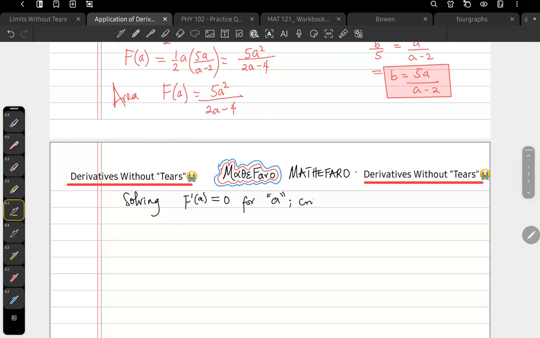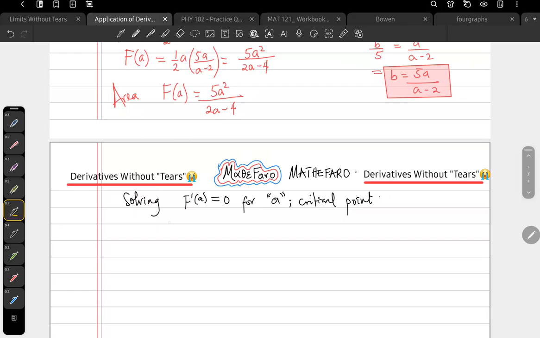The critical point is usually the candidate for the minimum or maximum point. If there is just one of them, then it can only be either the minimum or the maximum. If there are two of them, we can use the second derivative test to distinguish between them.